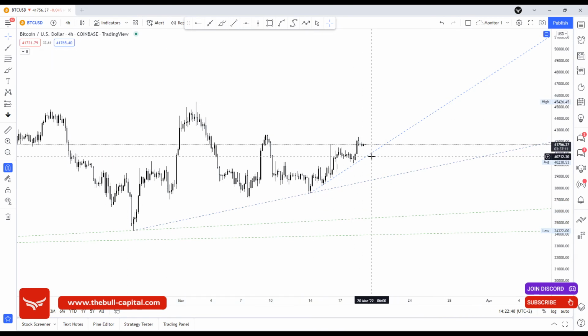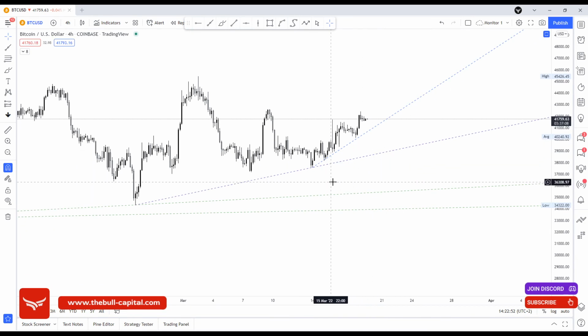So the blue trend is weaker than the purple trend, and the purple trend is weaker than the green trend, which is a daily trend, same as levels, because it takes more time to develop.